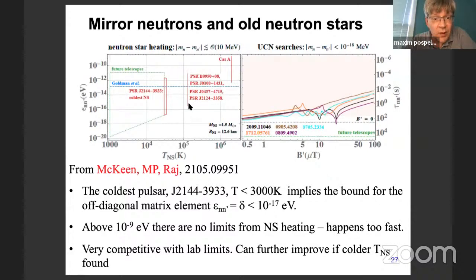There are other pulsars that are not as cold, and they also can be used to constrain this model. So this is the interesting development, I think, of already using the astrophysical observations to constrain the parameters of the neutron portal model.